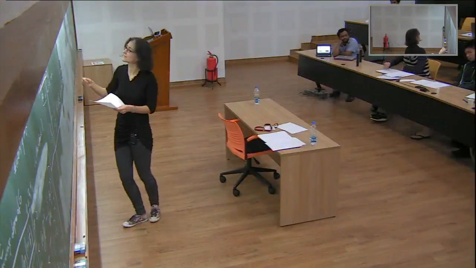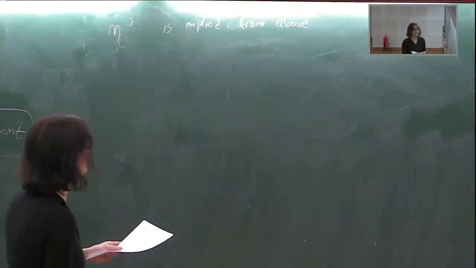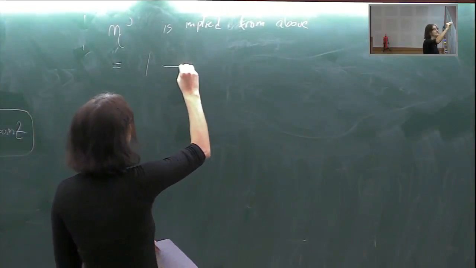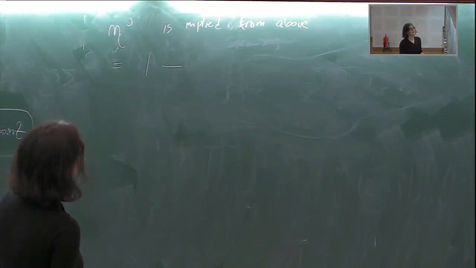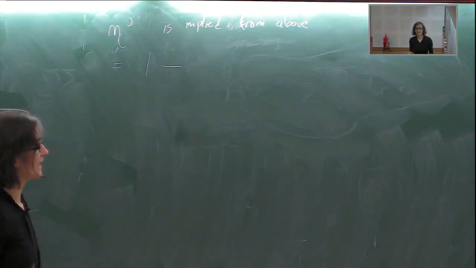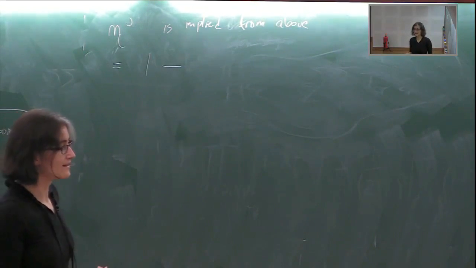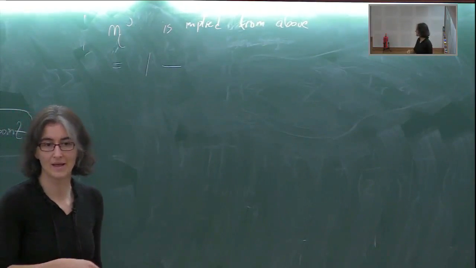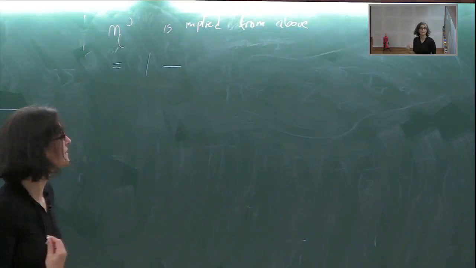But the way we will compute it is 1 minus something. It is 1 minus the probability that this is not implied. And it is not implied if there is at least one of the other q minus 1 colors that is not implied on any of the neighbors, right?